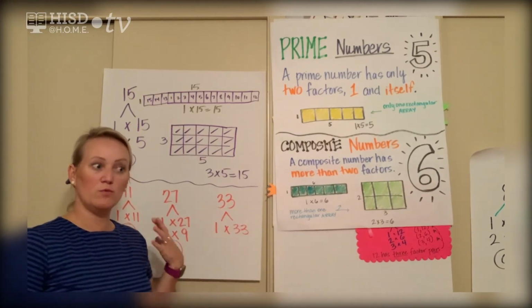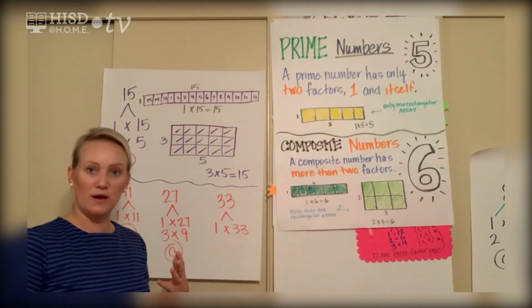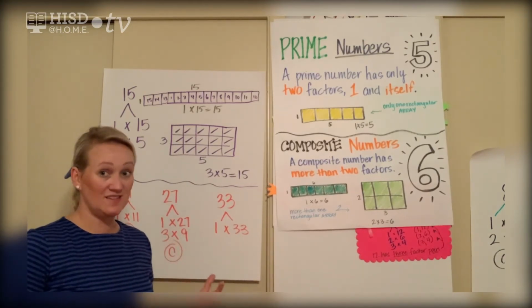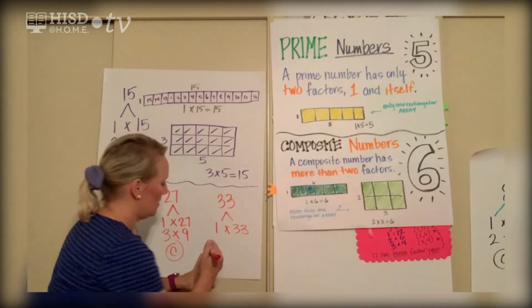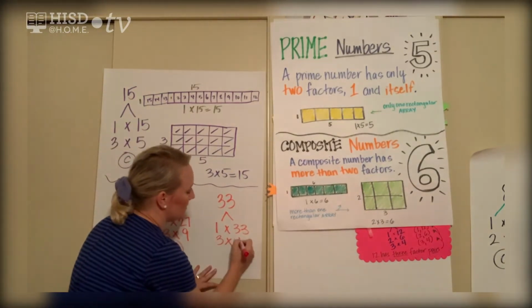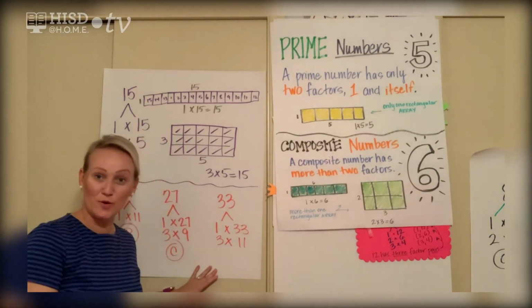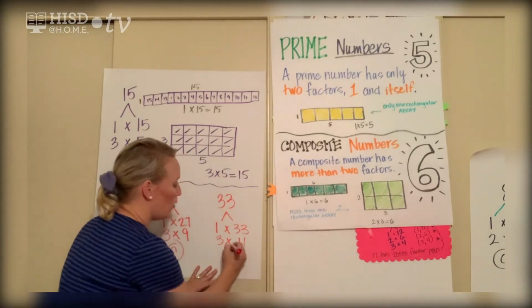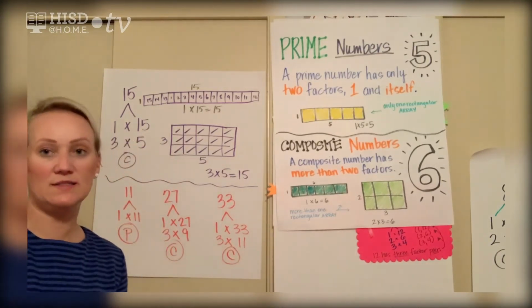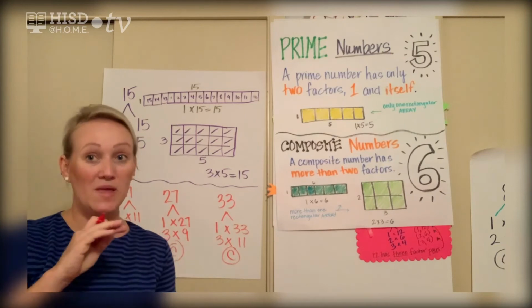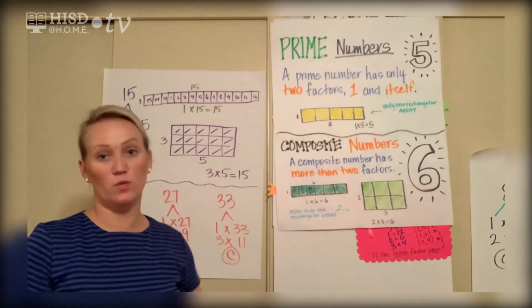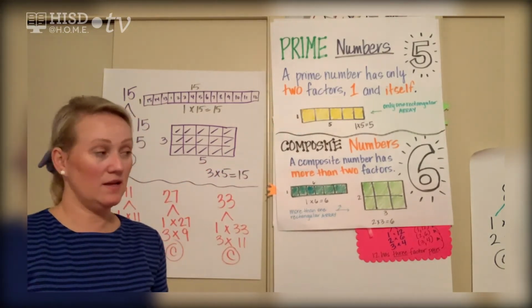And this is where you really have to get that practice in on your math facts, because the answer to that is yes, right? We can. 3 times 11, if you remember, is 33. So once again, as soon as we have that second factor pair, the minute we have something more than just 1 times itself, it's composite.